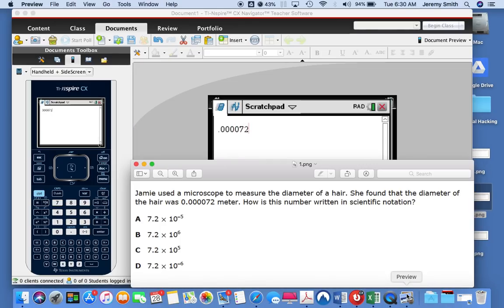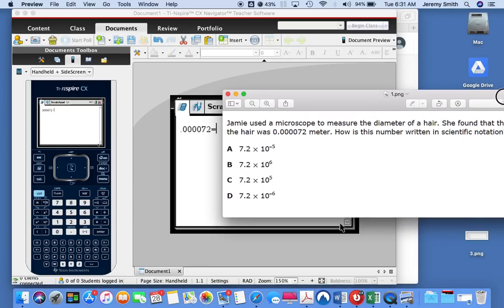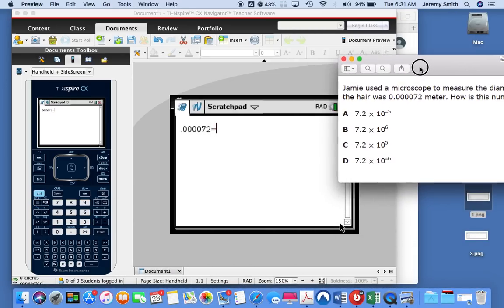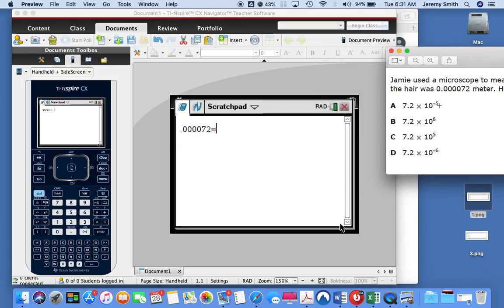Okay, now I'm going to follow that up by comparing it to each one of the answer choices. So I'm going to put the equal sign, and once I put that equal sign in there, let's pull this up a little bit better for us where we can see everything.